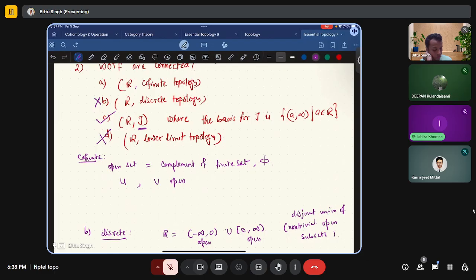U, V are non-trivial open sets. Then U can be written as complement of A, and V can be written as complement of B, where both A comma B are finite. Those are finite sets.